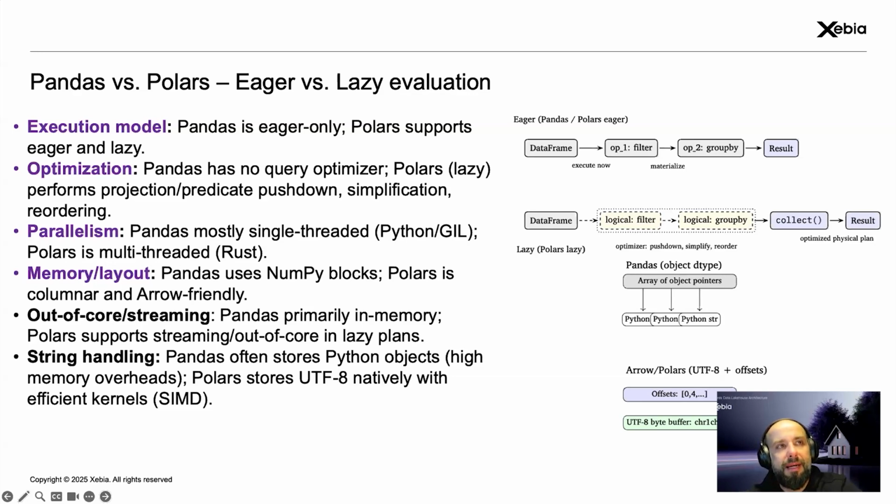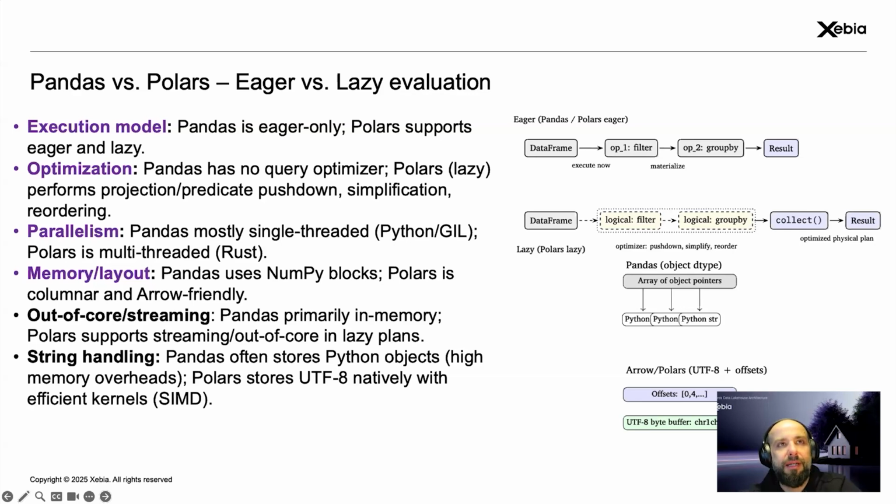Whereas if you are using lazy evaluation, the idea here is to first of all build an internal representation of your execution plan, then run some optimization on top of that, like, for example, projection or predicate pushdown, some simplification of transformations, combining some transformations or rearranging some transformations.